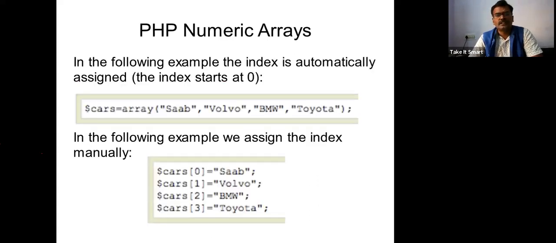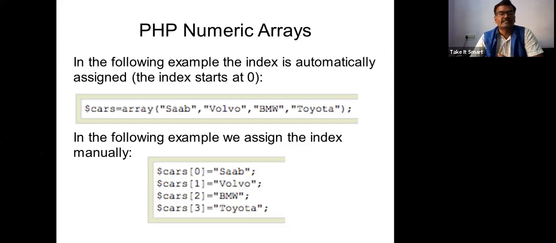Fine. See here one example. First one, $cars. We will declare the array like a simple variable. In PHP, we declare the array like a simple variable, followed by the keyword array. Okay. So here the array variable is declared and also assigned some values. How many values? 1, 2, 3, 4.